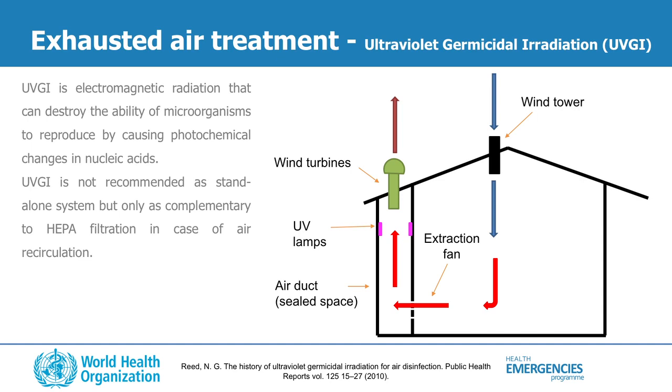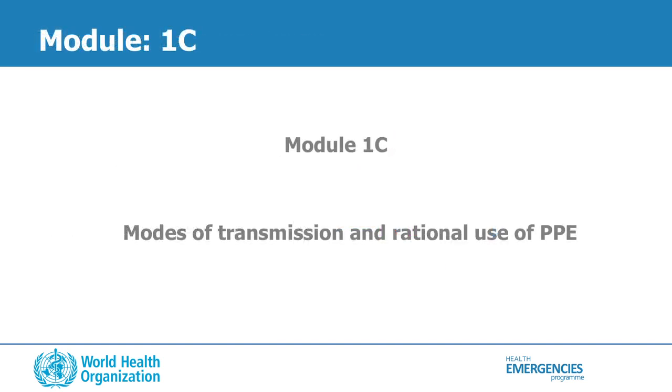Because the clinical effectiveness of UV systems may vary, UVGI is not recommended for air management prior to air recirculation from an airborne isolation room. It is also not recommended as a substitute for HEPA filtration, exhaust of air to the outside, or negative pressure, but as a complementary system only.